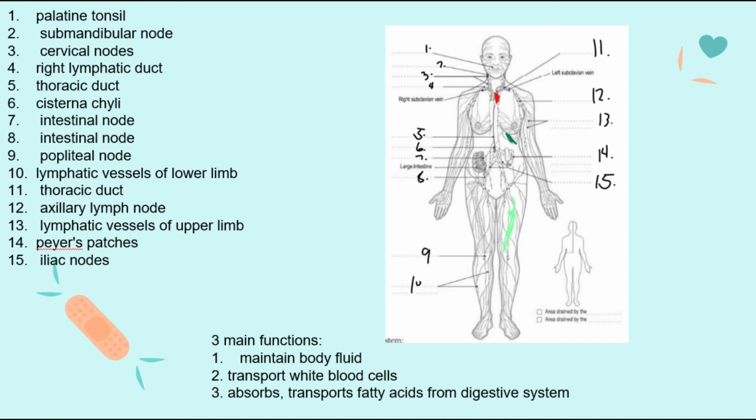Number 3, cervical nodes. 4, right lymphatic duct. 5, thoracic duct. 6, cisterna chyli. 7, intestinal node. 8, intestinal node. 9, popliteal node. 10, lymphatic vessels of lower limb. 11, thoracic duct. 12, axillary lymph node. 13, lymphatic vessels of upper limb. 15, Peyer's patches or lymph follicles of the small intestine. And lastly, iliac nodes.